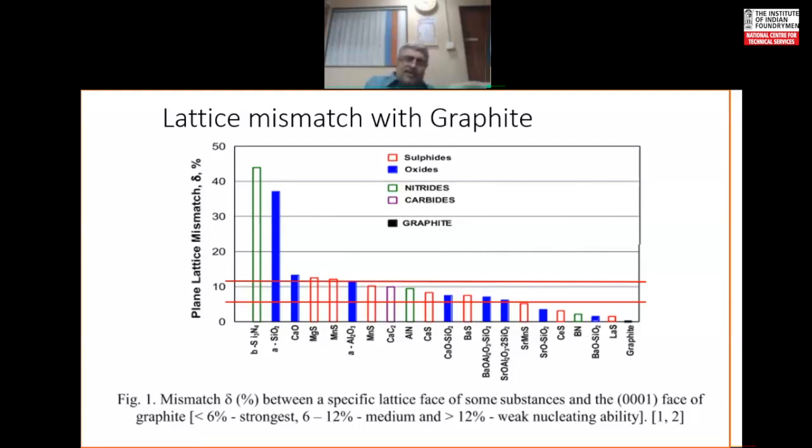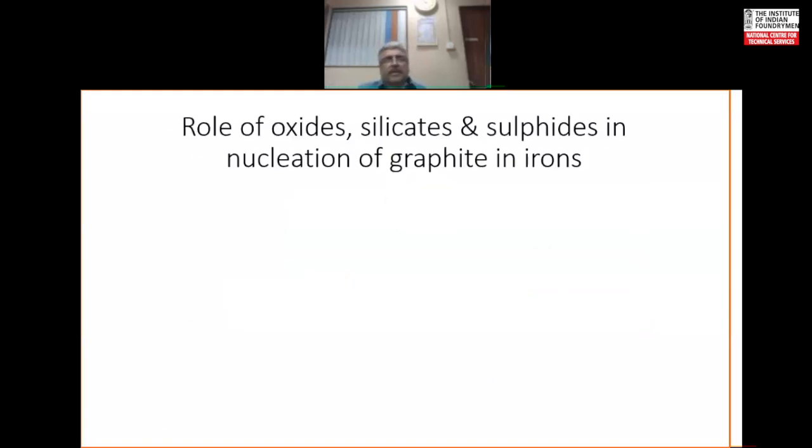So a lot of these inoculants will then form under that: magnesium sulfide and manganese sulfide and calcium carbide and so many of them. So let's summarize the role of oxides and silicates and sulfides in the nucleation of graphite.